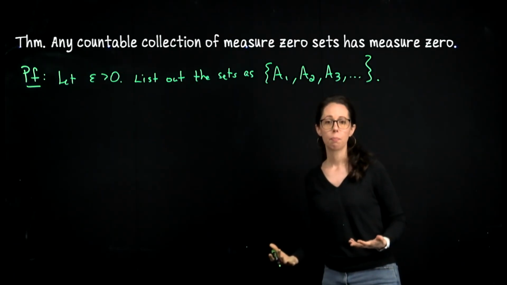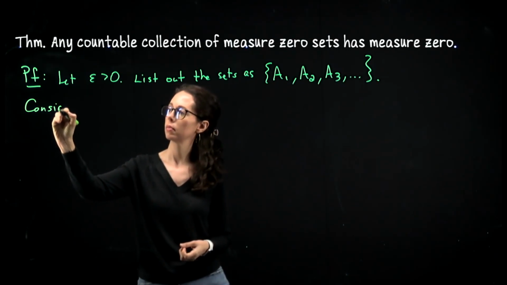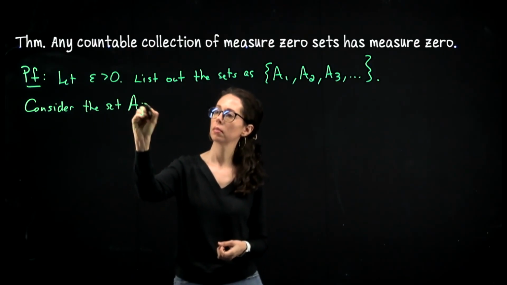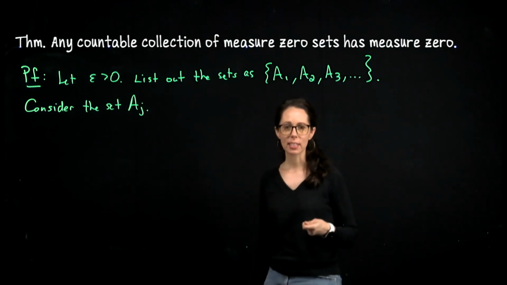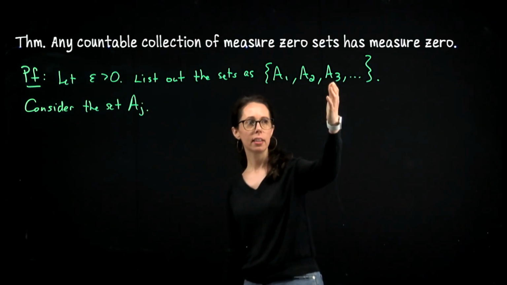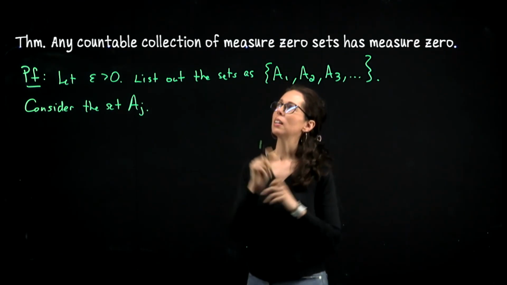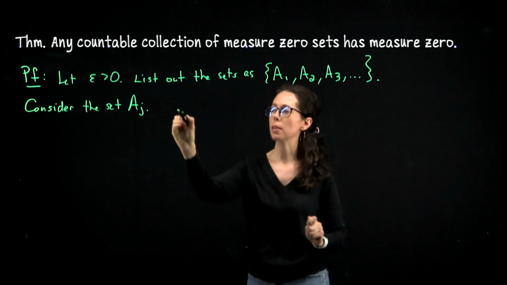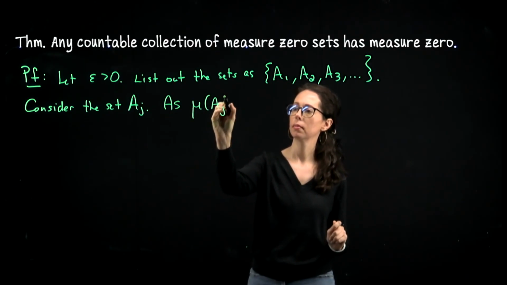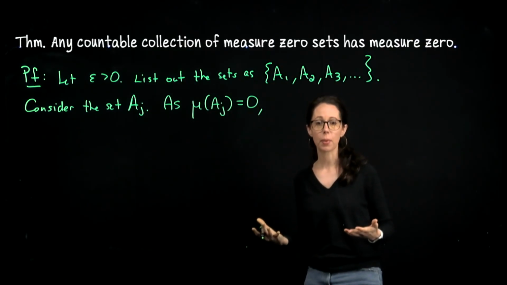Consider the jth member of this collection. We know that this set has measure 0. So each of these sets in their own right is a measure 0 set. As the measure of A sub j is 0, it satisfies the definition of a measure 0 set.